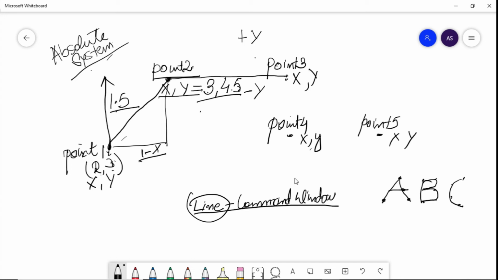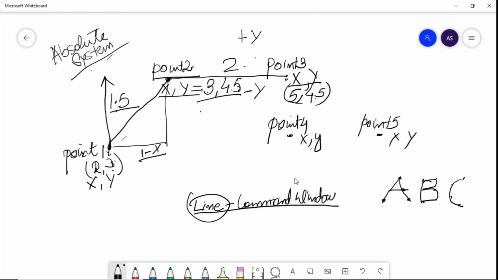So we have to take the absolute system of reading. We will have to add in the point 2. For example, we have moved 2 units in the direction of x, then the new point will become 3 plus 2 is 5, comma, no movement in y, so this becomes 4.5.